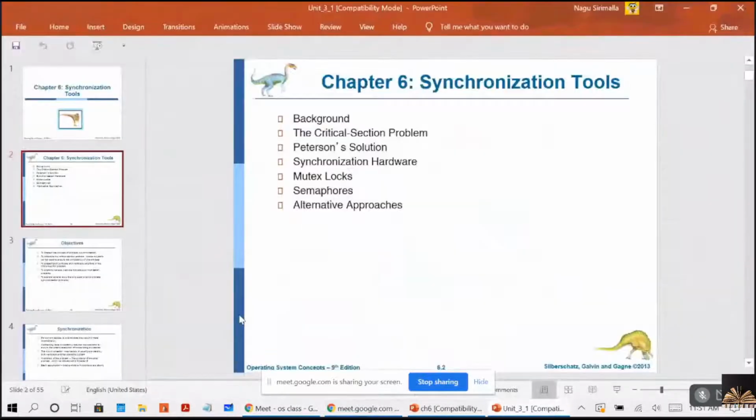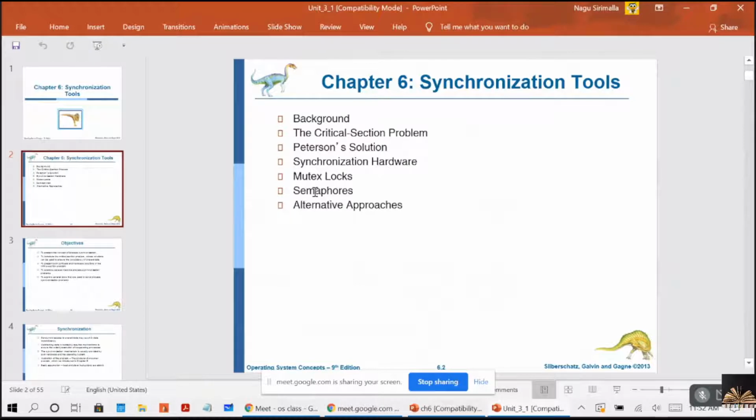Yes. So in this we will be discussing the critical section problem, then the solution for the critical section problem, synchronization hardware, then we will see the mutex and semaphores.